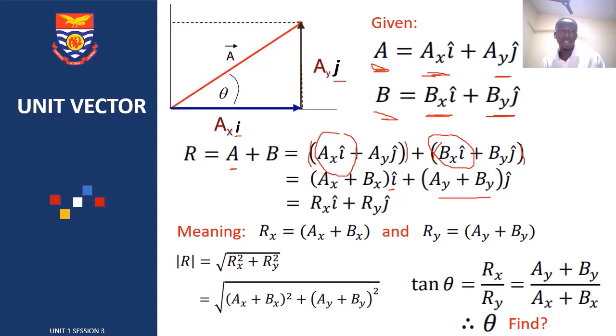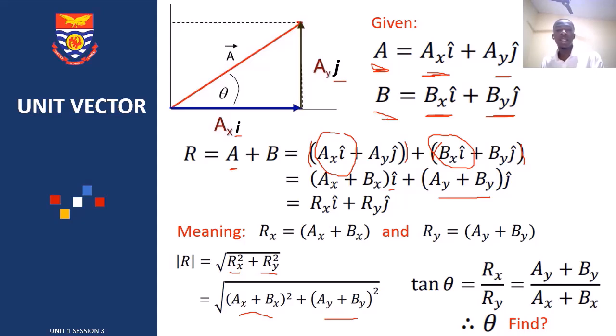I hope you do understand. From here, we can calculate the magnitude of R as the square root of Rx squared plus Ry squared. And we already know that our Rx is Ax plus Bx, and our Ry is equal to Ay plus By.